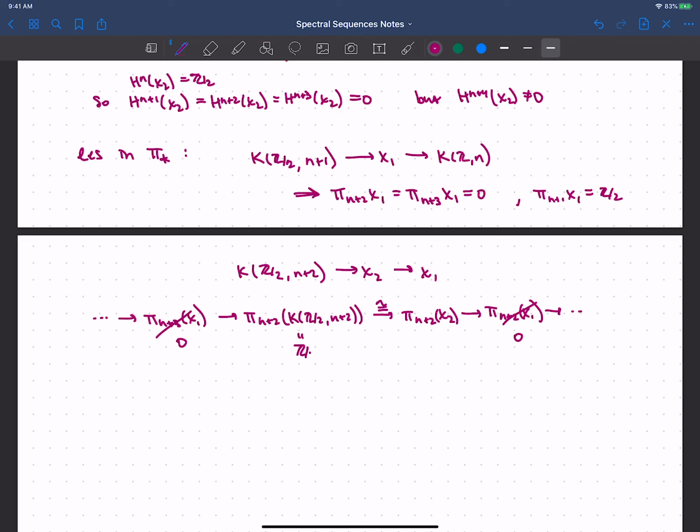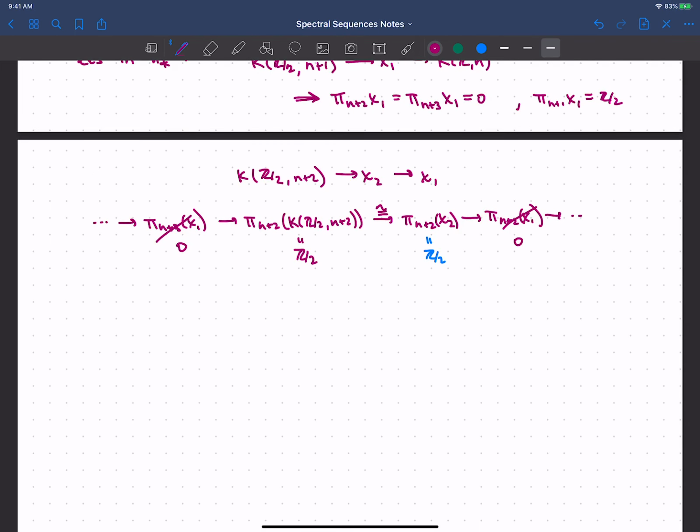Here this is a Z mod 2 basically by definition, and so this is a Z mod 2. All right, and just like at the end of the last video, that tells us about the homotopy groups, or at least the 2 component, of S^n.